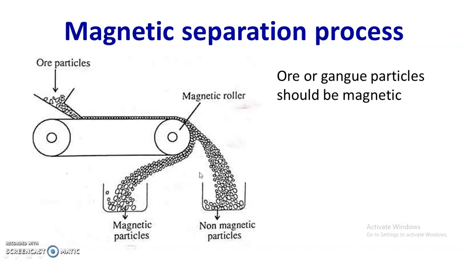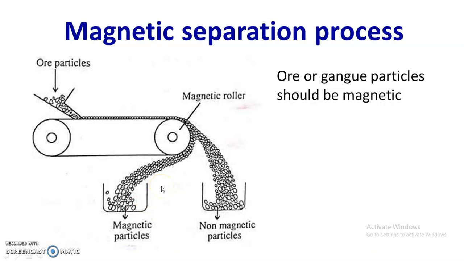These non-magnetic particles are not attracted towards the magnetic roller and are collected in a separate container, and the magnetic particles are collected in another container which is close to the magnetic roller.